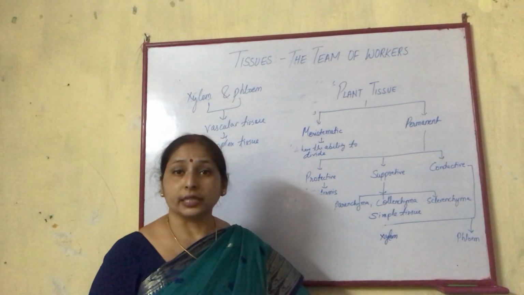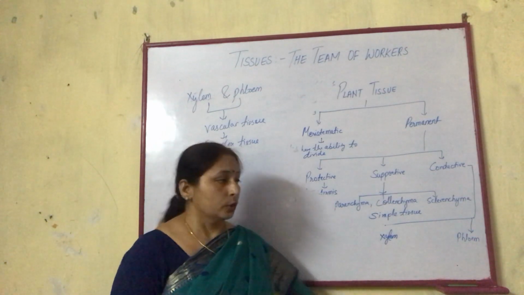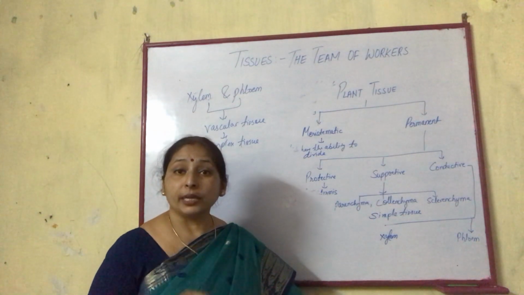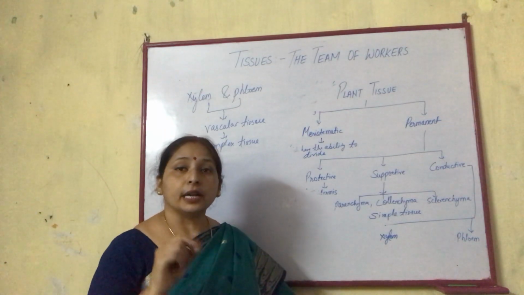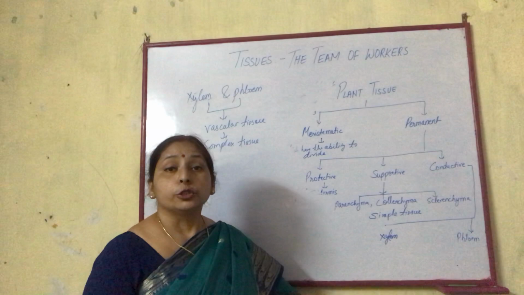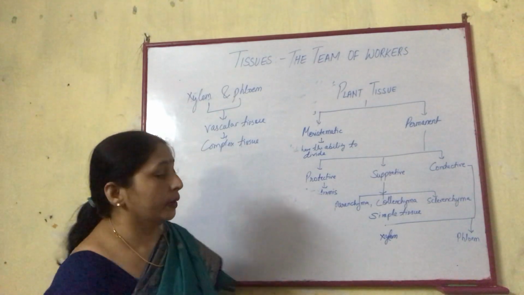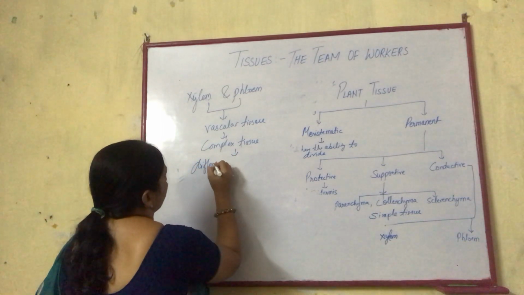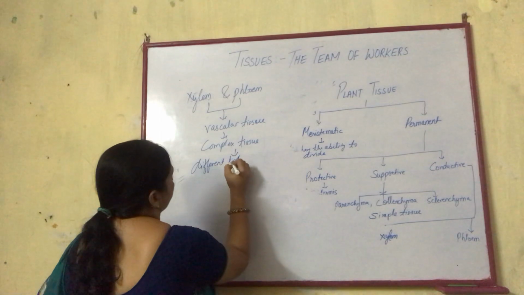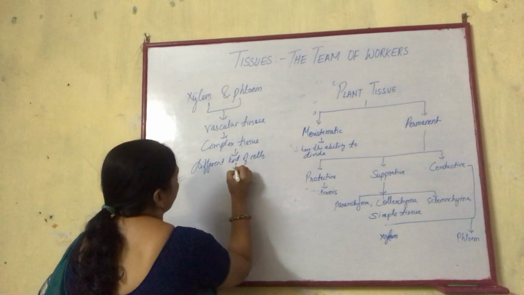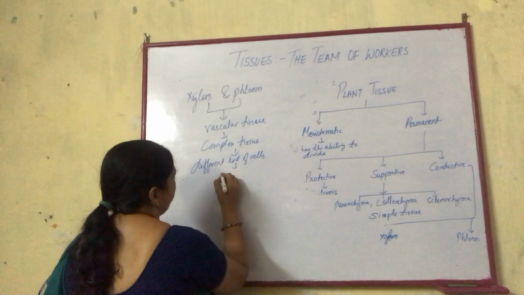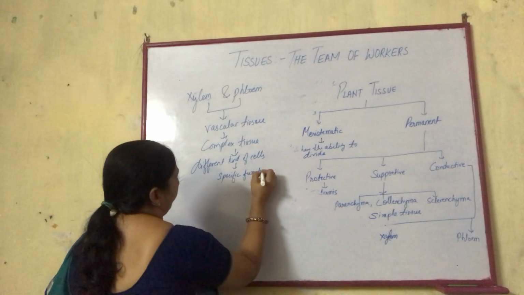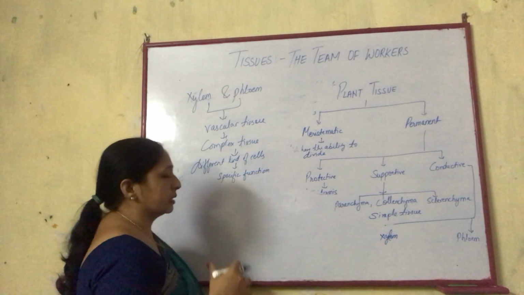When different kinds of cells combine together to perform a specific function, as in xylem and phloem, they are termed complex tissue.